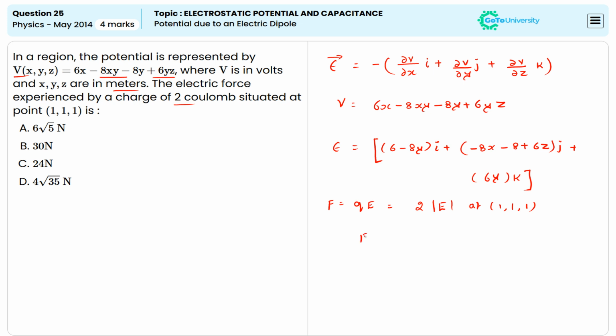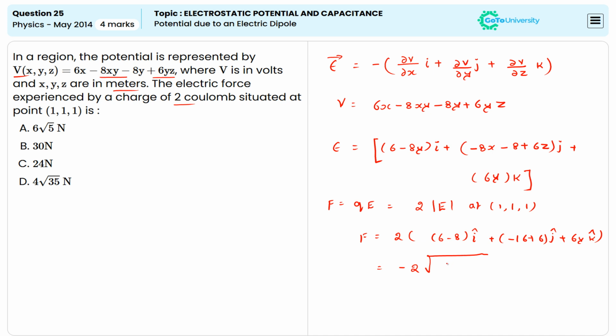Then we get F is equal to 2 times the electric field, that is 6 minus 8 i cap, plus minus 16 plus 6 j cap, plus 6y k cap. Then the magnitude is equal to minus 2 times of this value.